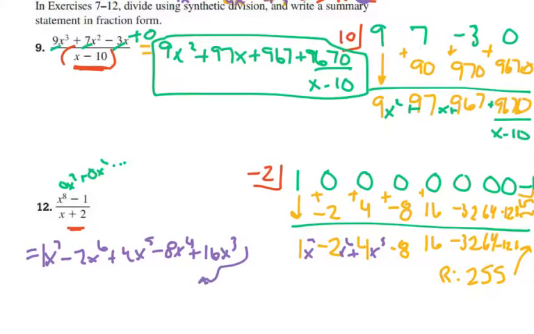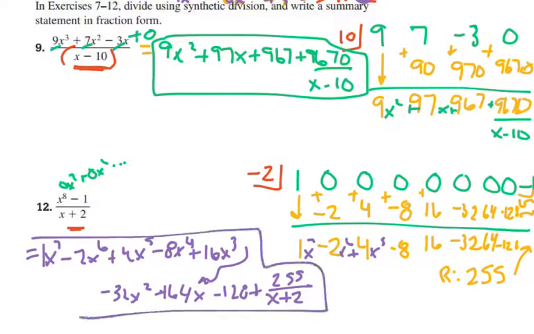Continuing on down here. Minus 32x squared plus 64x minus 128 plus 255 over our divisor of x plus 2. Yuck. Again, answers are not always pretty.